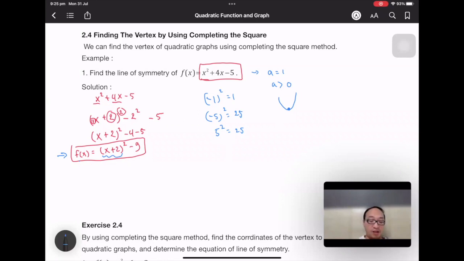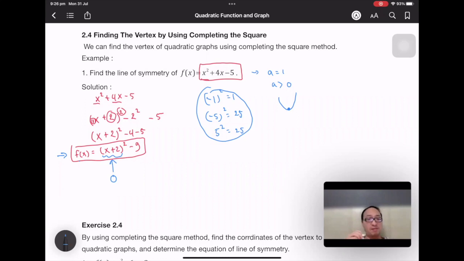Now, how do you find the minimum from this using completing the square? The minimum value of a square number is equal to 0. Since all square numbers produce a positive number, the least value that a square number can have is 0, only 0. That's the lowest, the least value.